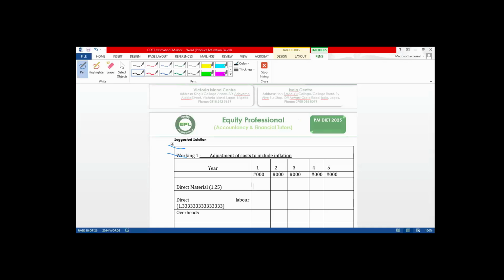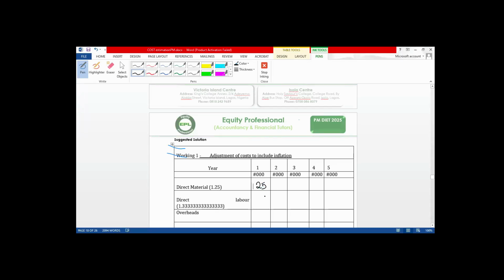Please increase 20 by 25%. That means you are going to multiply 1.25 by 20. What do we have? 25. We have 25 here.